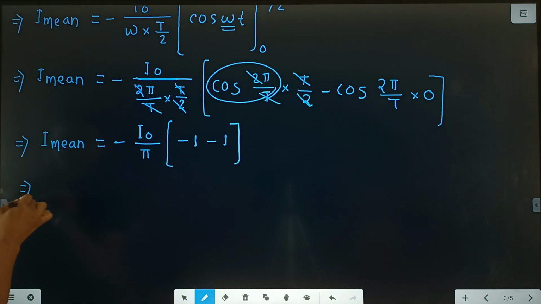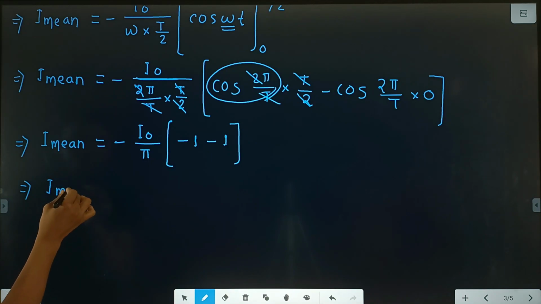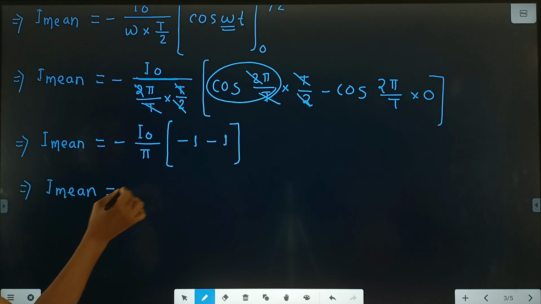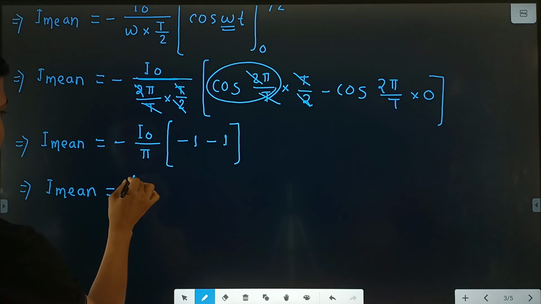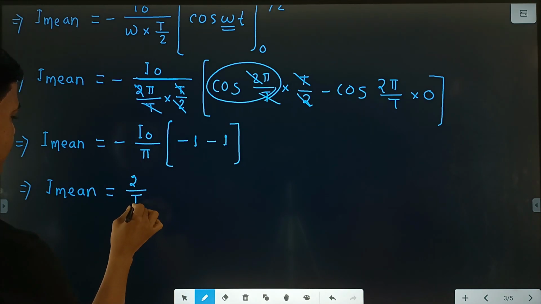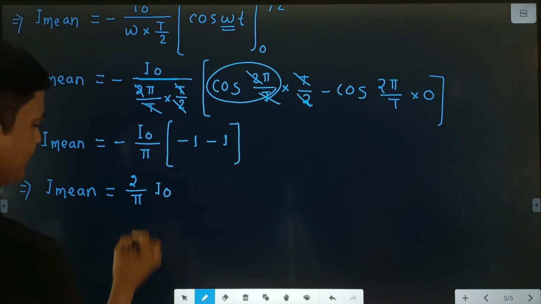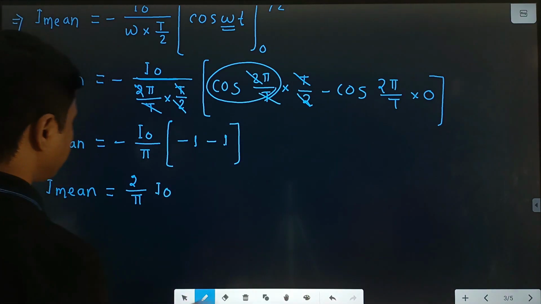Finally we get the mean value or average value equal to minus 1 minus 1, that is minus 2, and this is again minus, so we get 2 by pi multiplied by I0.